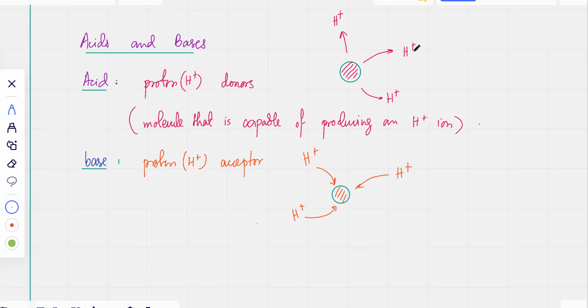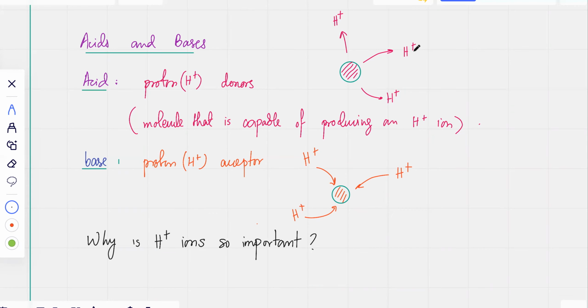Why is H+1 so important? That's a question. I mean, why not any other ion? So why are they so important, that we have to study it everywhere?